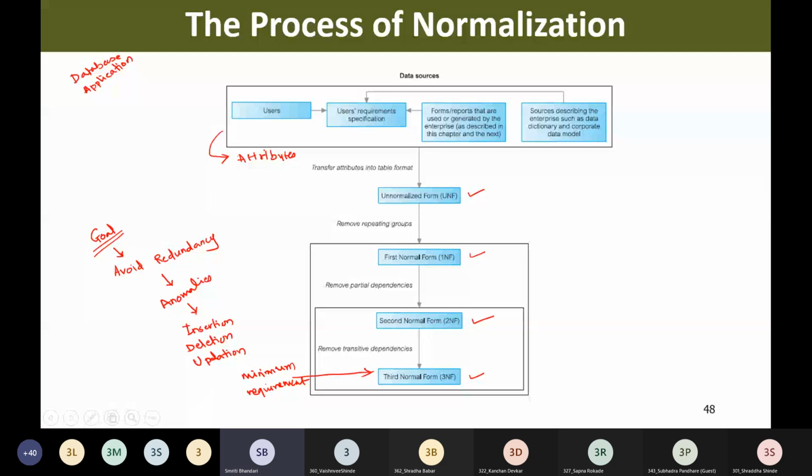Further, more stringent forms of 3NF were introduced. Two higher normal forms were introduced, and those were the fourth normal form and the fifth normal form. The first normal form, the second normal form, third normal form, and the Boyce-Codd normal form are based on the concept of functional dependency.